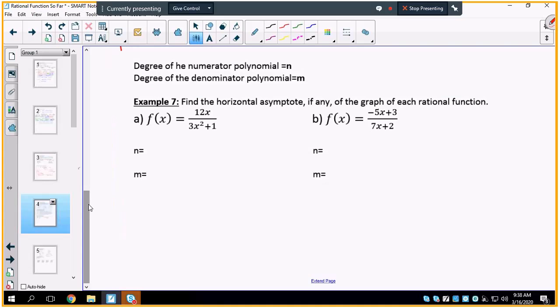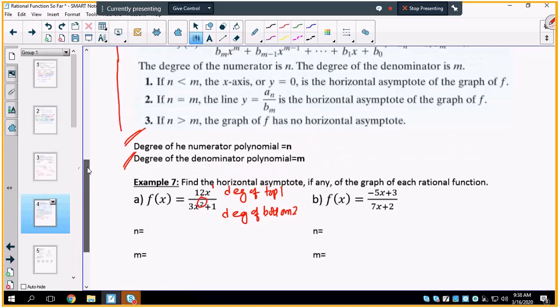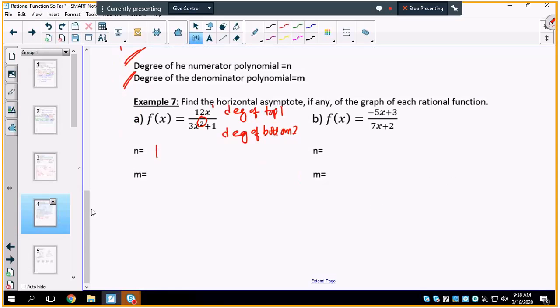Remember, the two pieces of information you need are the degree of the top and the degree of the bottom, and then compare them. So degree of the top on the first example is 1, because it's x to the power 1 here, whereas degree of the bottom is 2, that's here. So if I call n the degree of the top and m the degree of the bottom, n is 1 and m is 2.